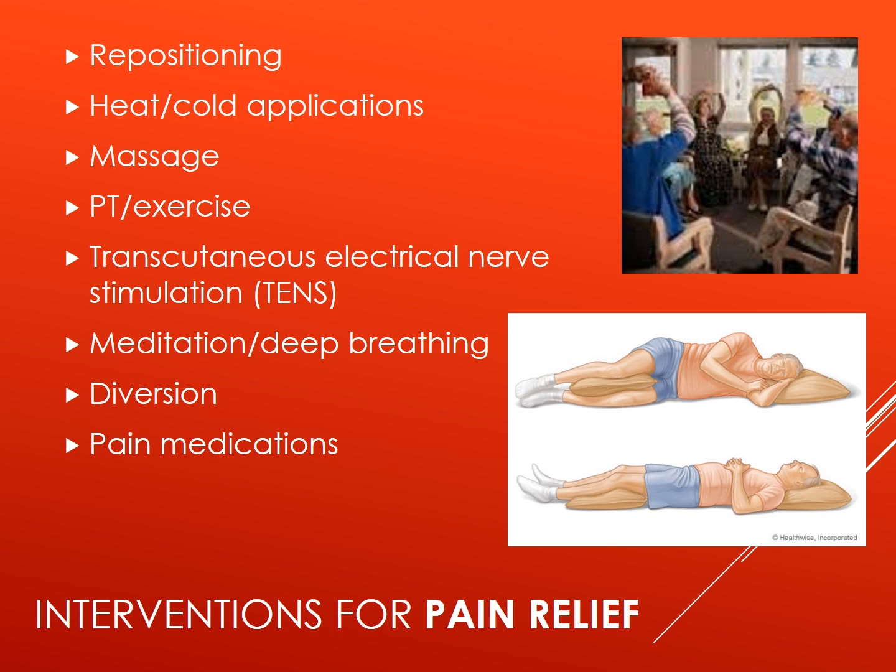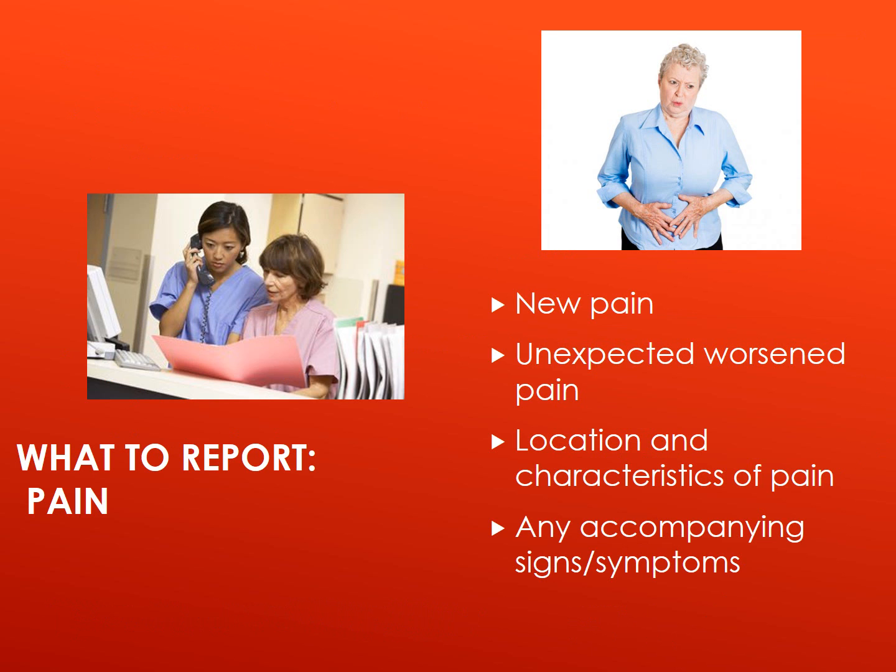Consider threshold intolerance. Some people are okay living with level 3 or 4 pain. Others want to get to 0. Be sure to report new pain, unexpected, or worsened pain. The location and characteristics of pain are important to note, as well as any accompanying signs and symptoms.